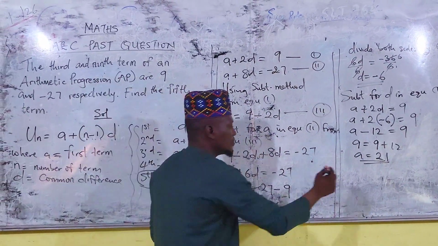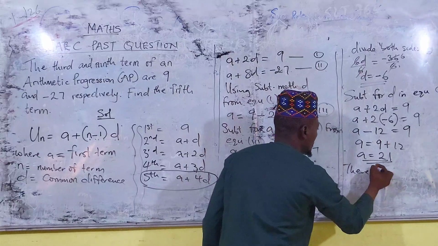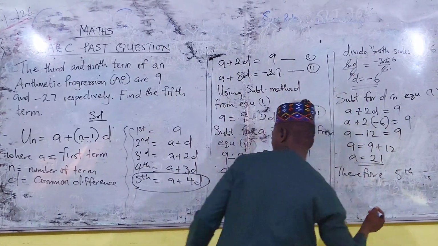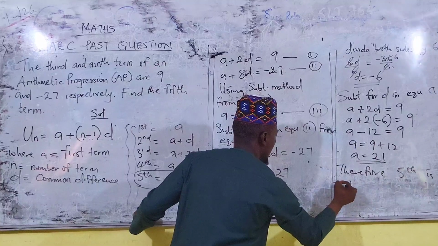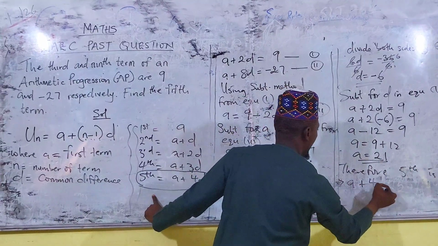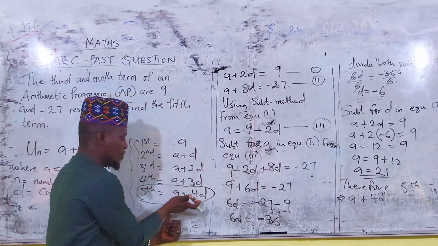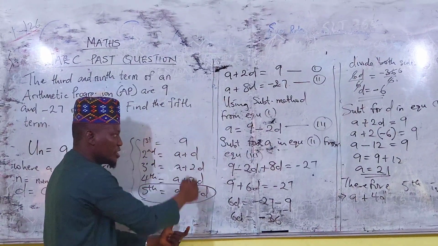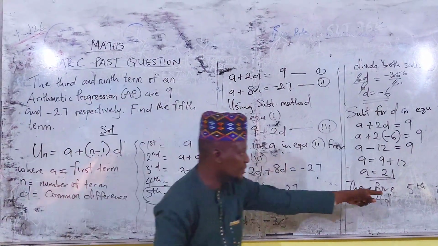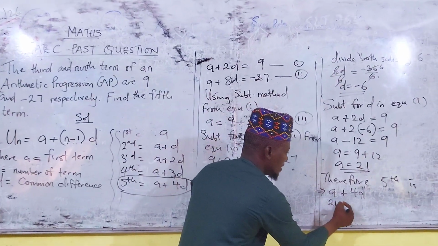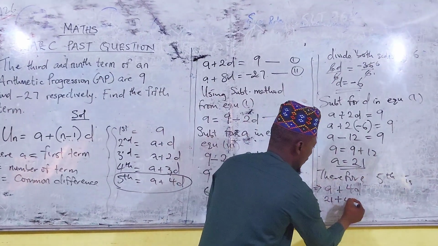So our fifth term uses this formula, A plus 4D. I already put the formula here, A plus 4D, when we were drawing the pattern. So that's our fifth term, A plus 4D. Now what's our first term? That's 21 plus 4.